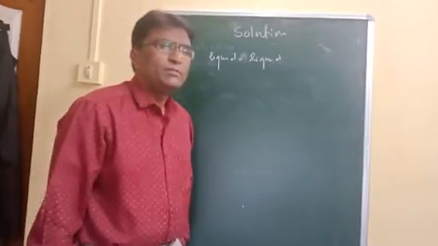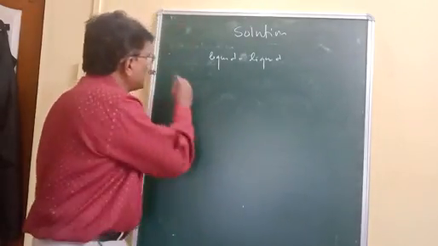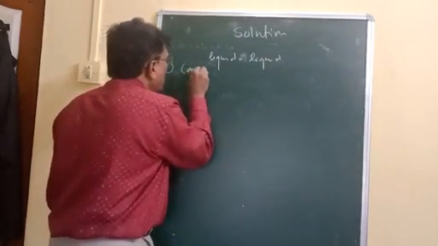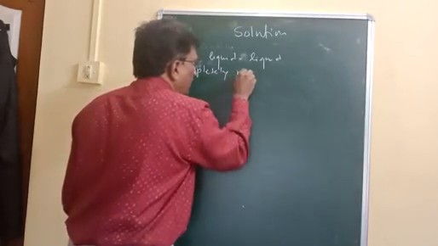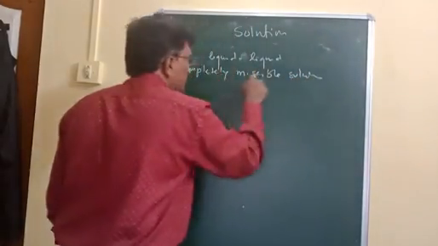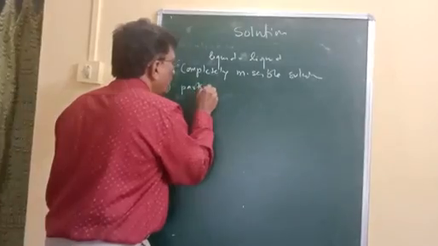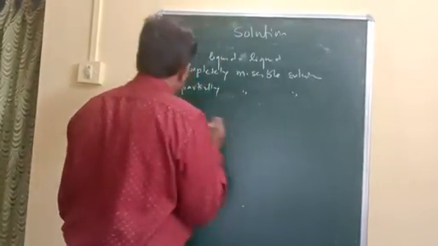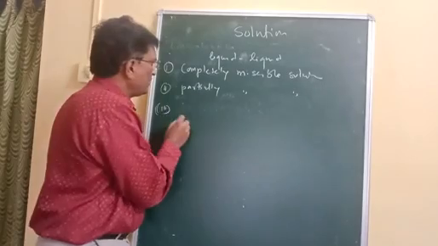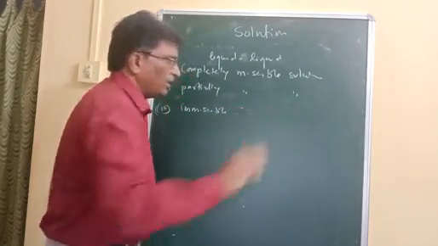Now depending upon the miscibility of these liquid pairs, these solutions are classified into three types: one, completely miscible liquid pairs; two, partially miscible liquid pairs; and three, immiscible liquid pairs.